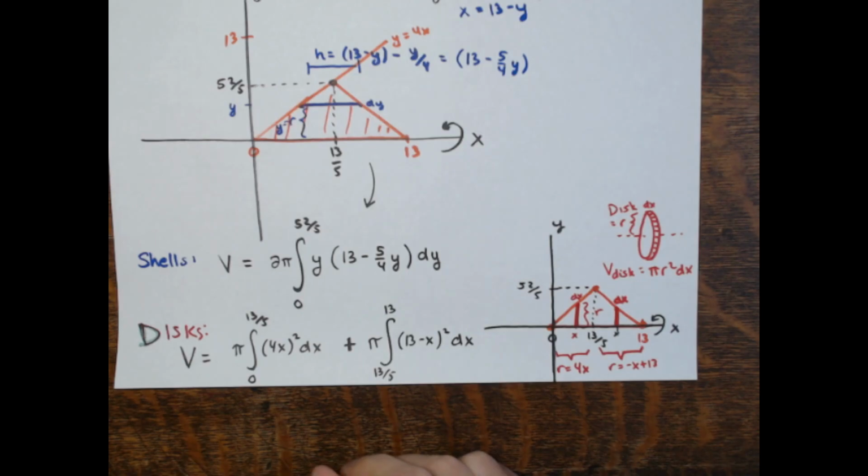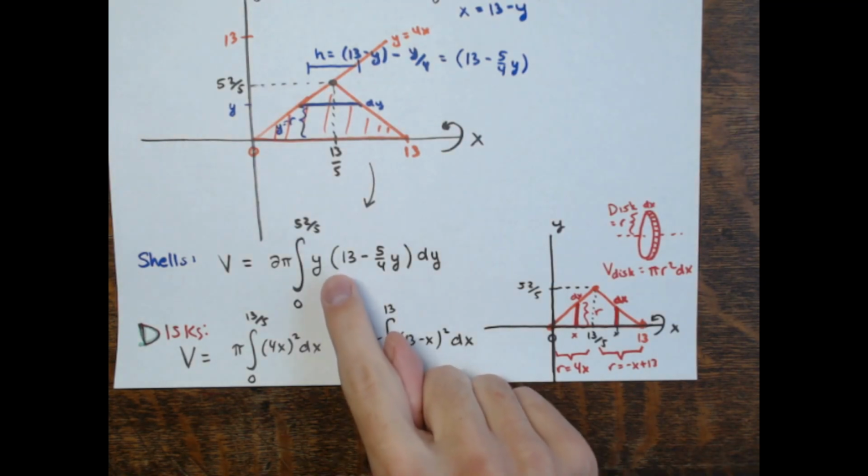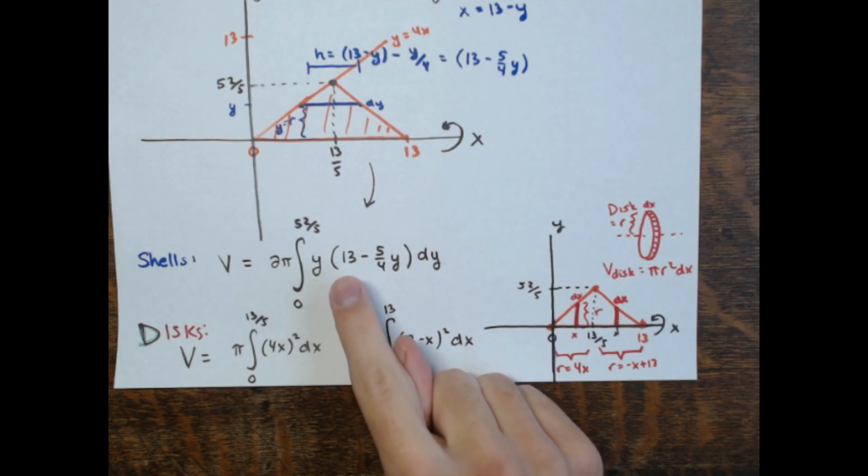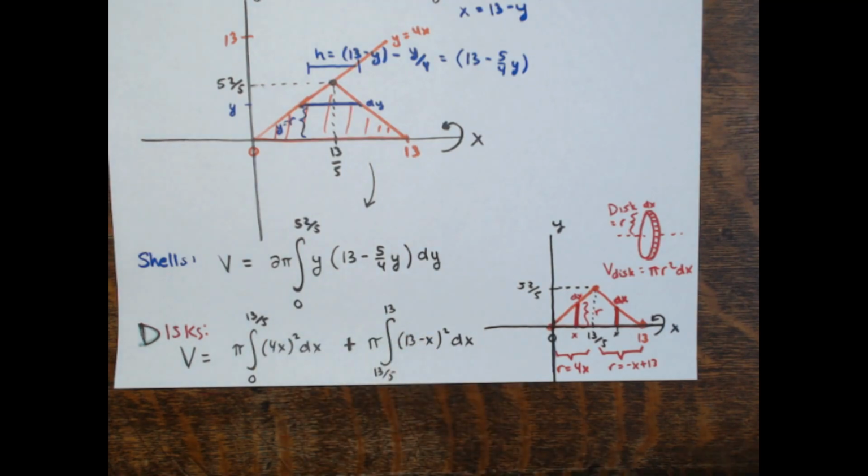So it would be really easy to find the volume of this region without integrals. But if you had to use shells or the disk method, like they're saying you have to use here, I'd say shells was easier because it's only a single integral setup as opposed to two.